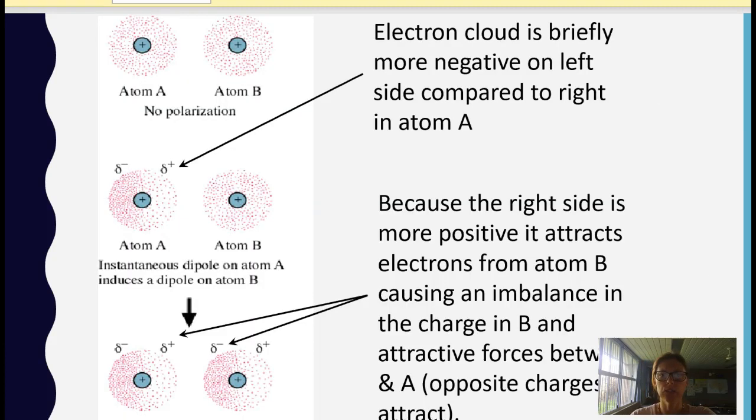So having a look here, this is bringing back that diagram I was talking about before and how they can move. Here they're both evenly distributed. Here we've got an instantaneous dipole. You can see this side has a greater number of the electrons versus this side, and this one is evenly distributed.